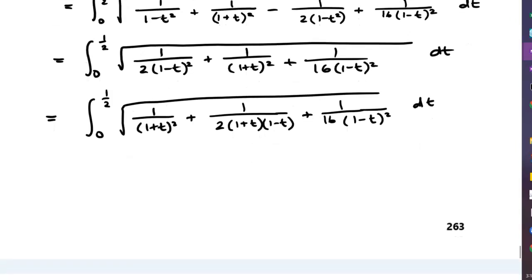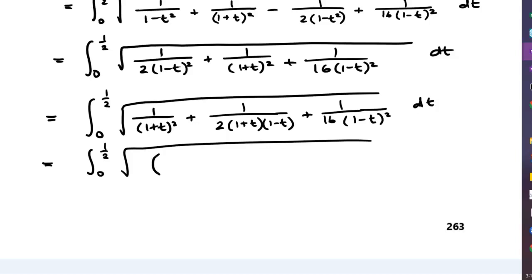This is a perfect square, I know. What a relief. How do I know it's a perfect square? Well, you could do a bit of algebra, but I've done it by observation. I see if I have 1 and then 1 plus t, if I square that, it's going to give me this term here, and I can see it appears in this term here.